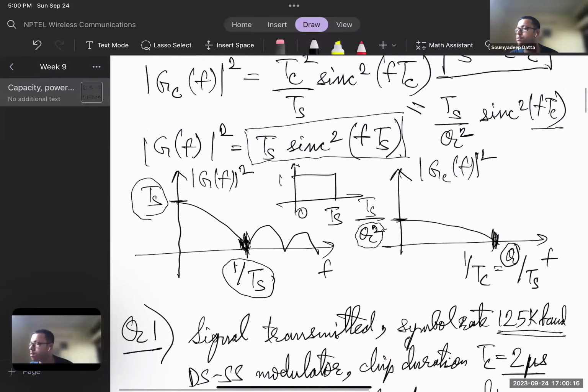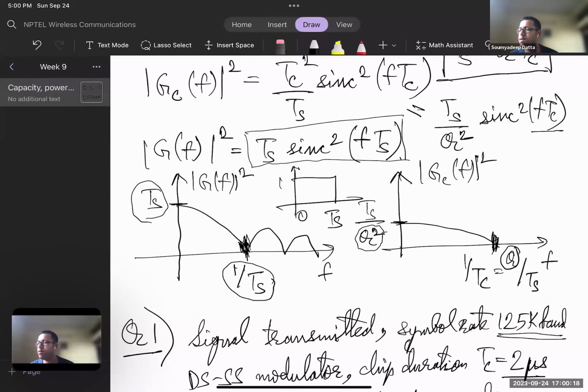this function g of f, which is essentially a sinc function in the Fourier domain. In the time domain, for any signal that you are sampling, you will be sampling it over the interval 0 to Ts, the symbol time. In the time domain this is a rectangular box, which means in the frequency domain it is a sinc function, right?